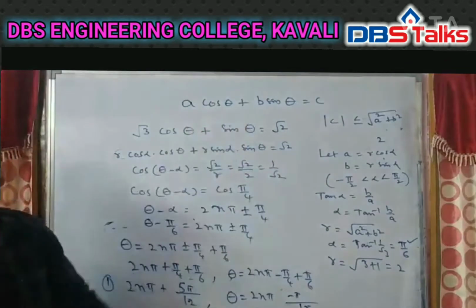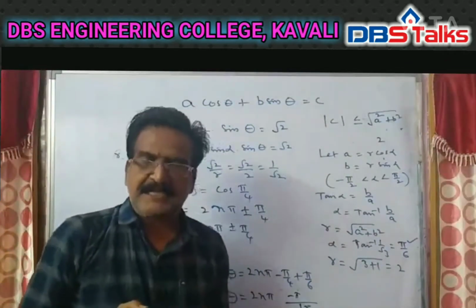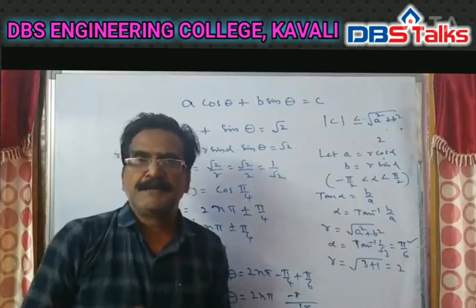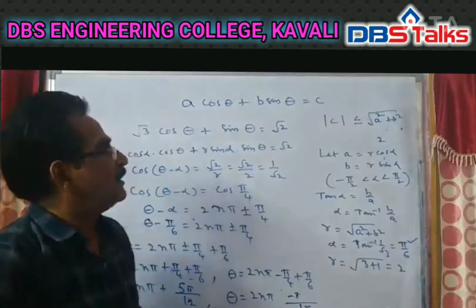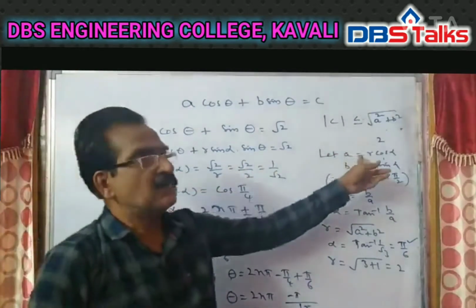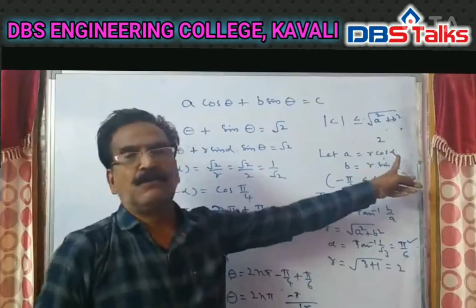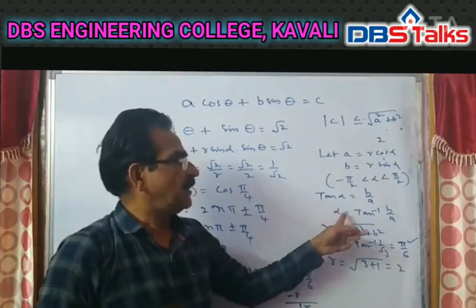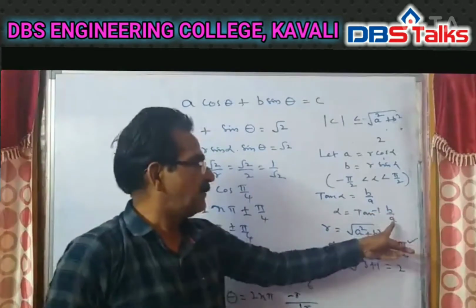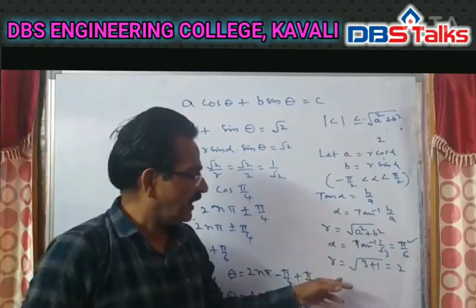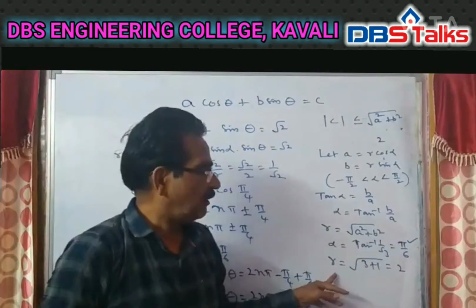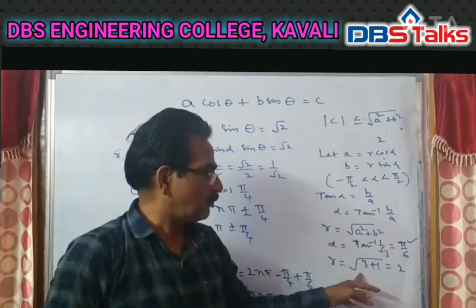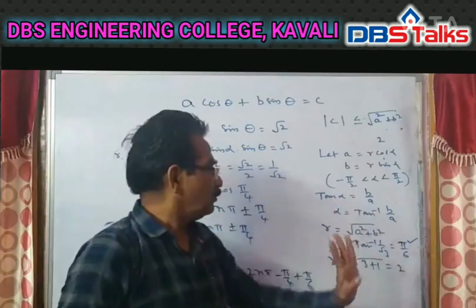So when the given equation is in the form of a cos theta plus b sin theta is equal to c, first let a equal r cos alpha and b equal r sin alpha. First you find alpha, that is tan inverse b by a. Then you find r, that is root of a square plus b square, which is equal to 2.